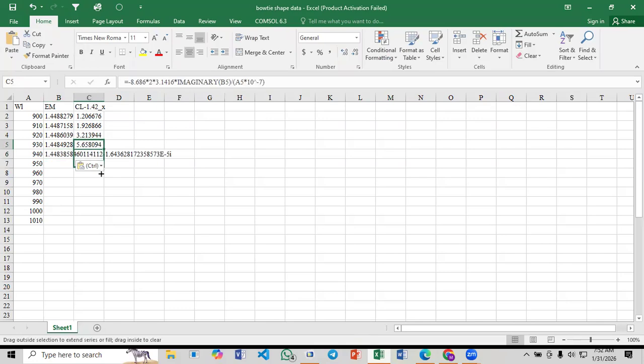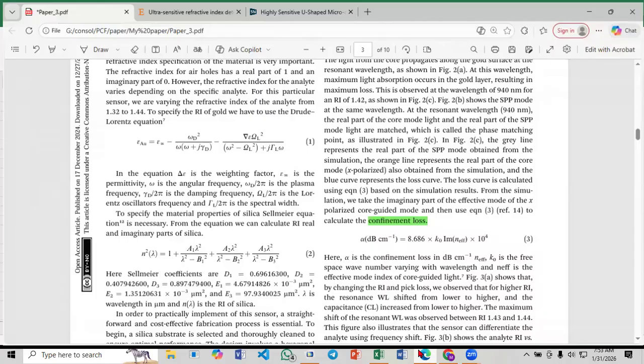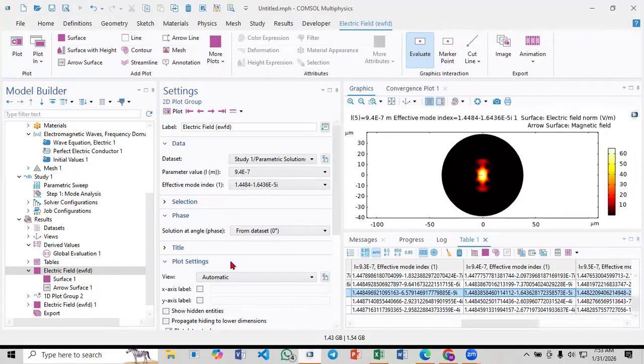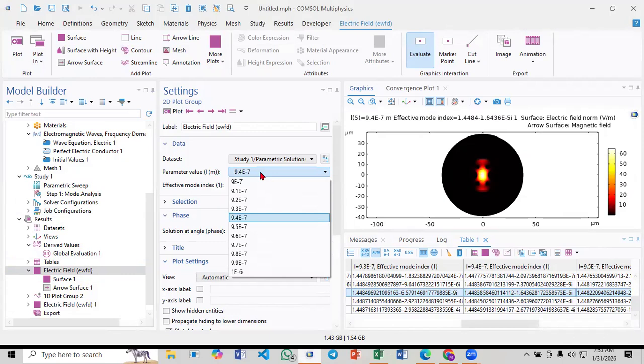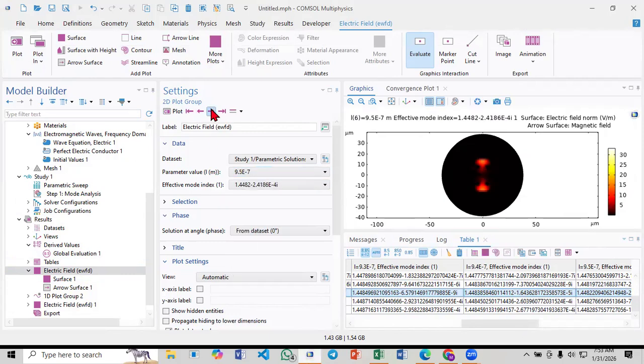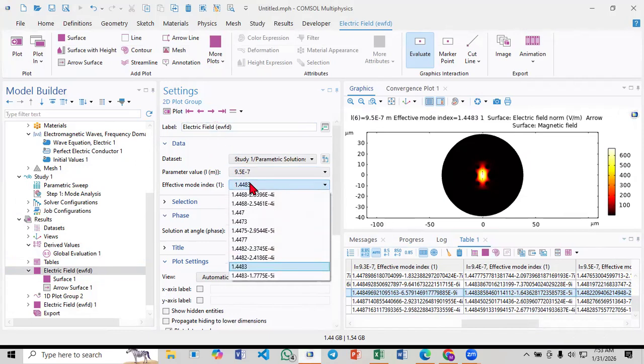You can scroll it till 1000. Here you can see that the value is 9.54. Then you have to collect data for 950. So it's not this data.